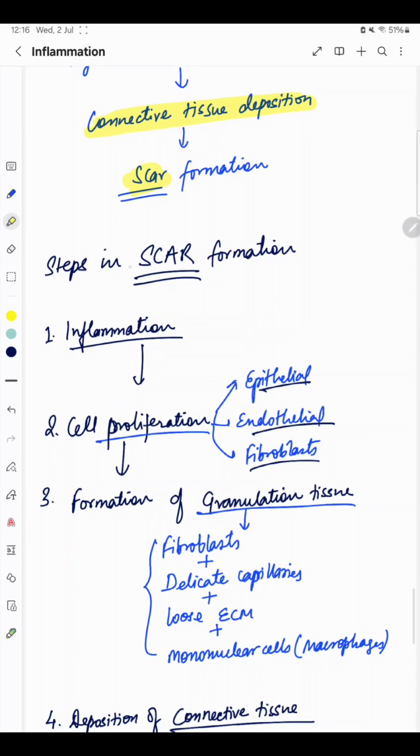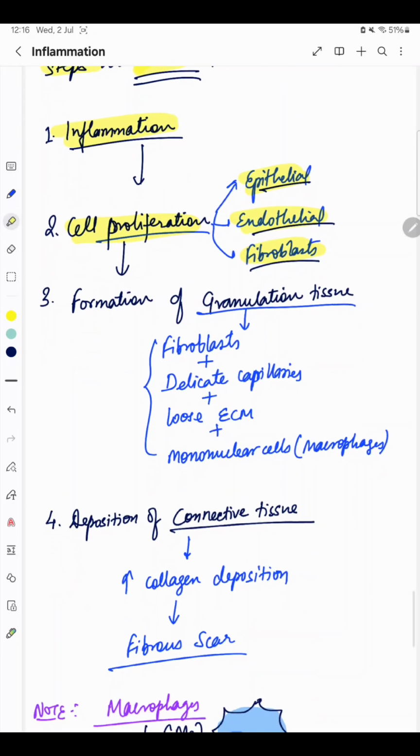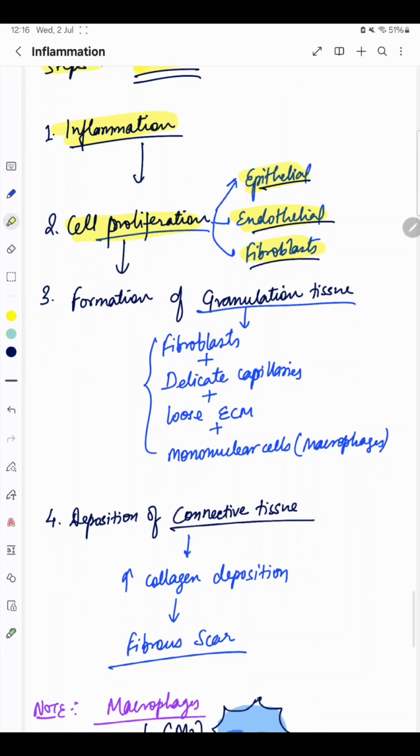Now we will discuss the steps involved in scar formation. First of all, there will be injury along with inflammation, which results in epithelial cell proliferation, endothelial cell proliferation, and fibroblast proliferation by various cytokines and growth factors. After the cell proliferation, there will be formation of granulation tissue.